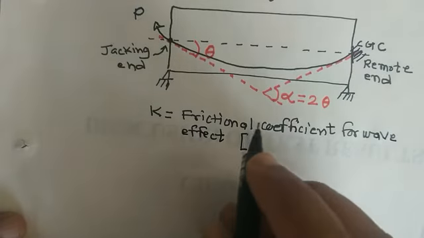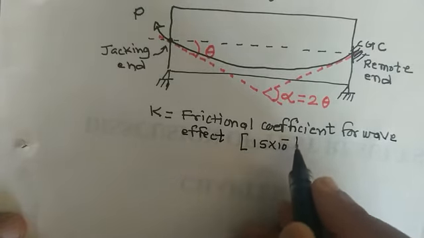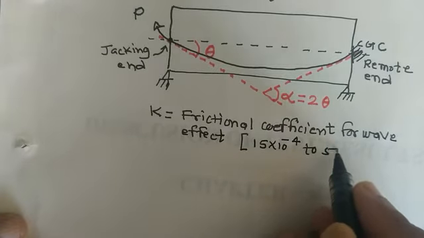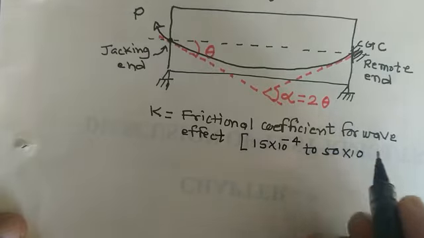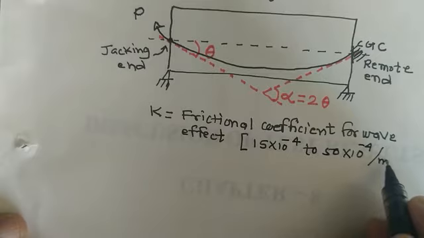Generally, the value of 15 into 10 raised to minus 4 to 50 into 10 raised to minus 4 per meter is considered.